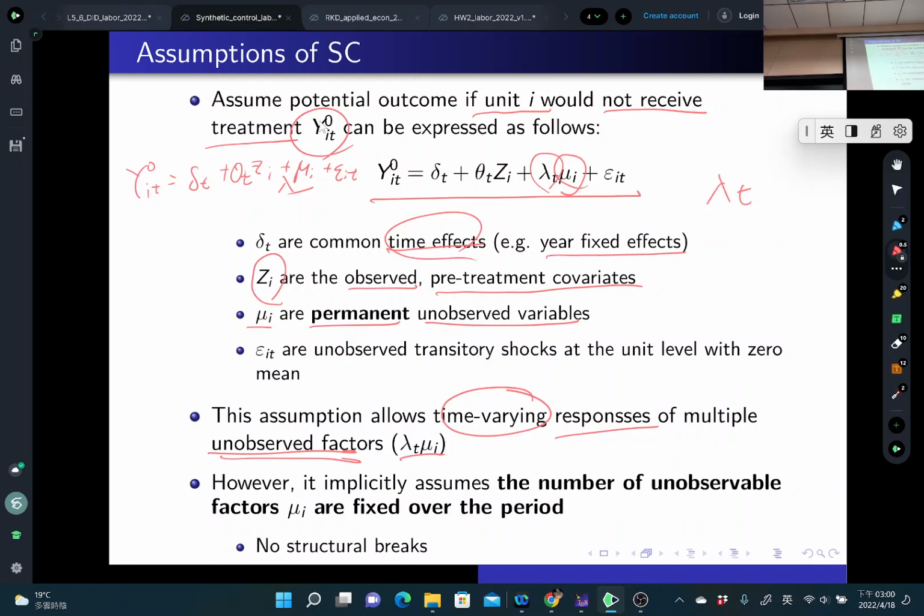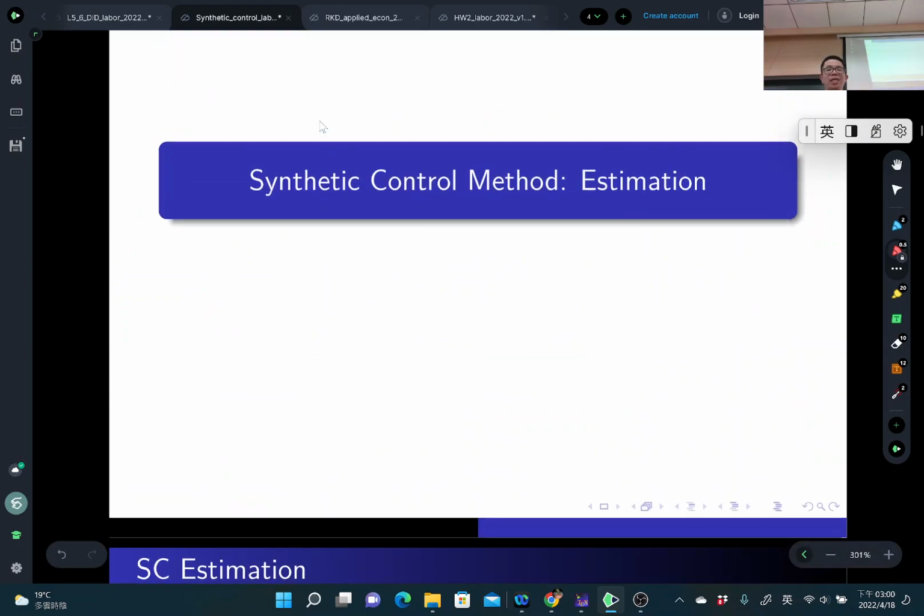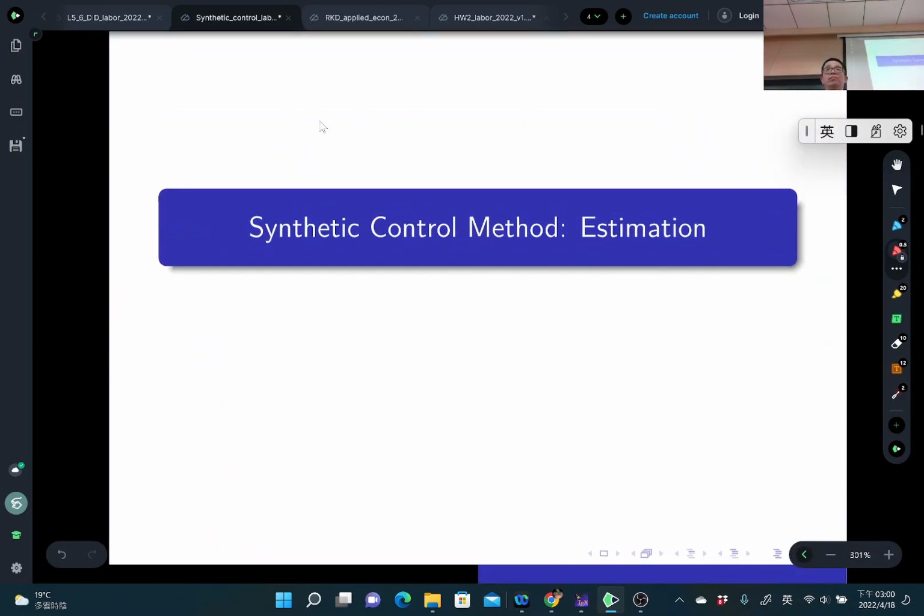So it's kind of your question. Okay. So we assume like this, and based on this assumption, we can do the estimation.